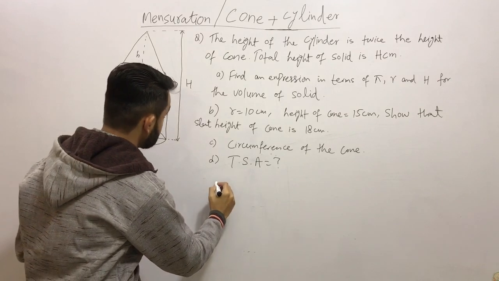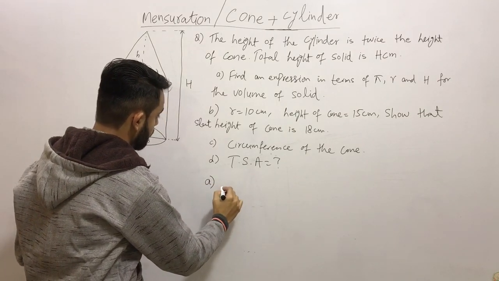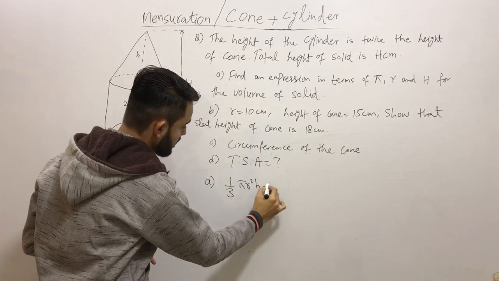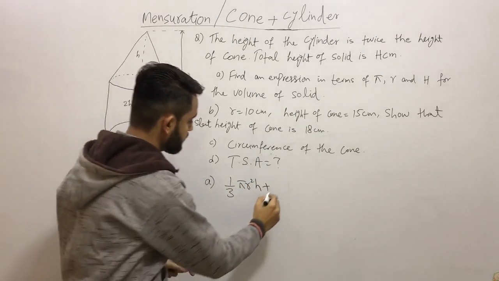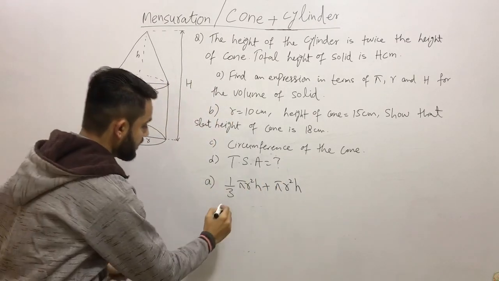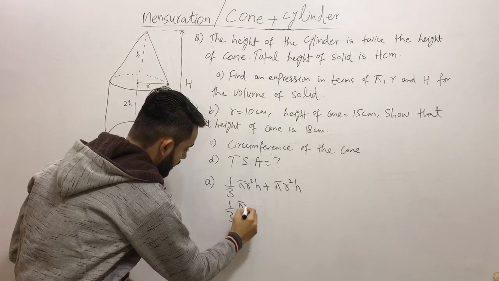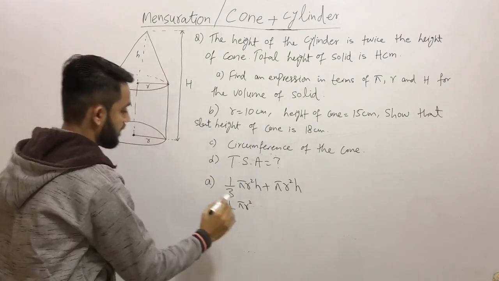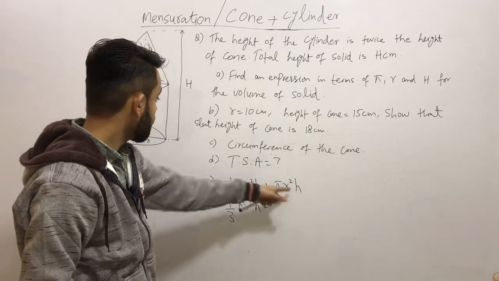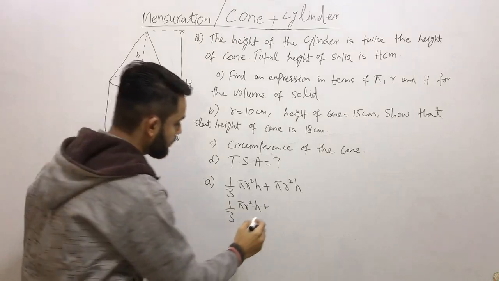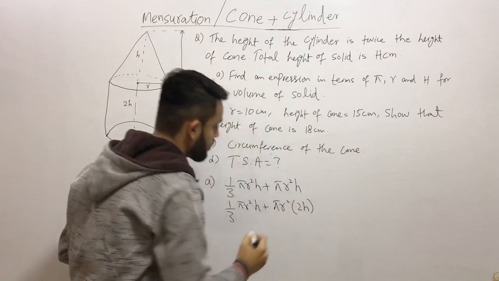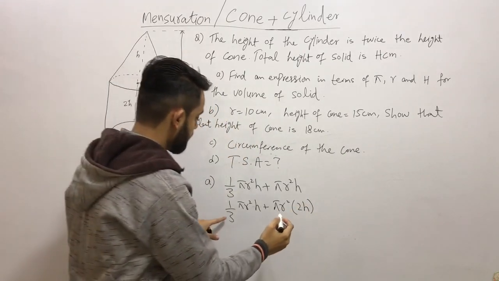For the first part, A, the volume of the cone is 1/3 pi r square h plus the volume of the cylinder, pi r square times its height. The height for the cone is h, so we do nothing with that, but the height of the cylinder is 2h, so we write pi r square into 2h.